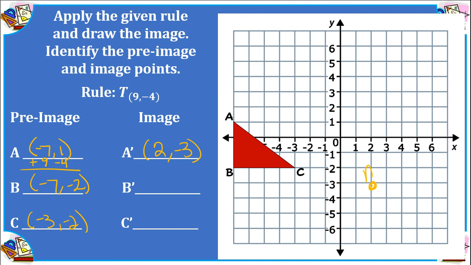This is going to be A prime. Then we have 9 and -4 for our B coordinate, and this gives us (2, -6). So (2, -6) is B prime, and C prime is going to be (6, -6). So (6, -6) is C prime. And then let's connect those.